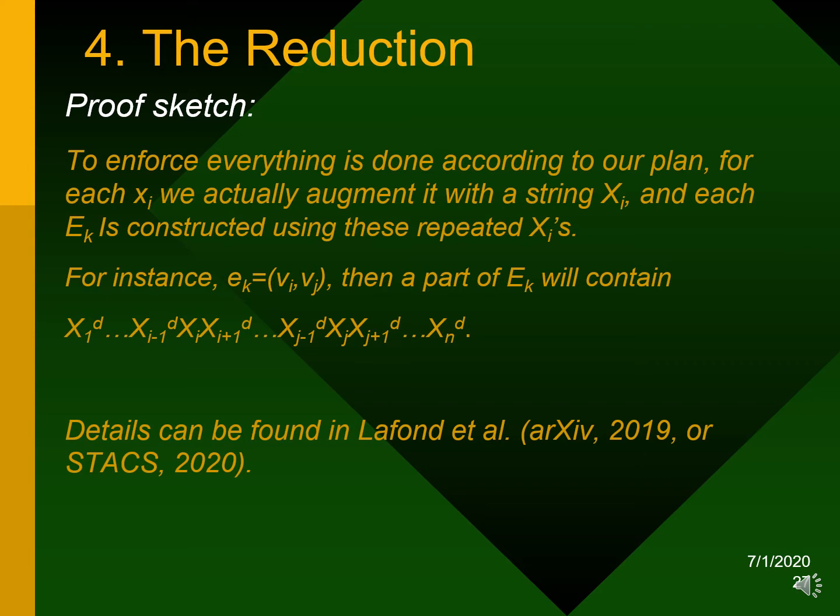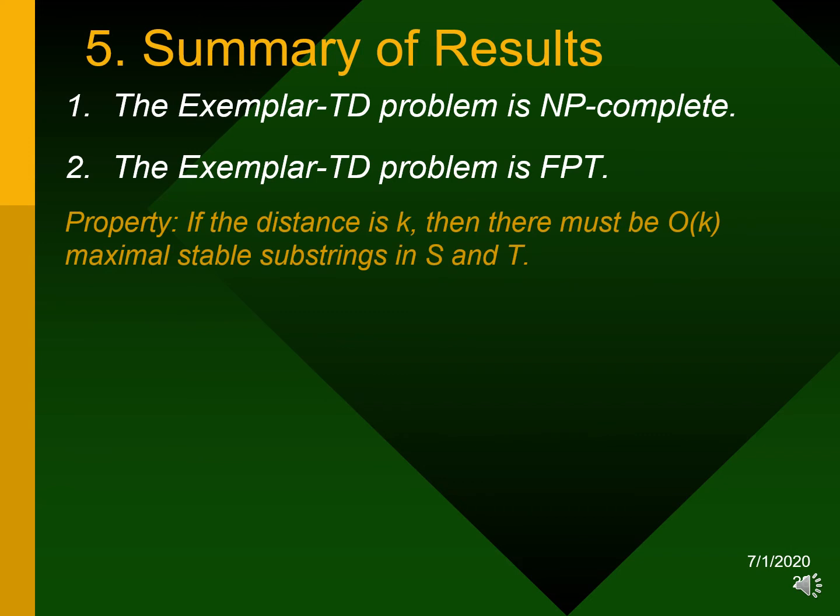The details of the formal arguments could be found in the arXiv paper or in the STACS paper. So the summary of results: first of all, the exemplary TD problem is shown to be NP-complete. The exemplary TD problem is also shown to be fixed parameter tractable.